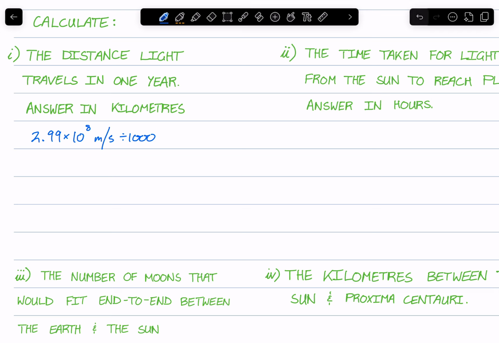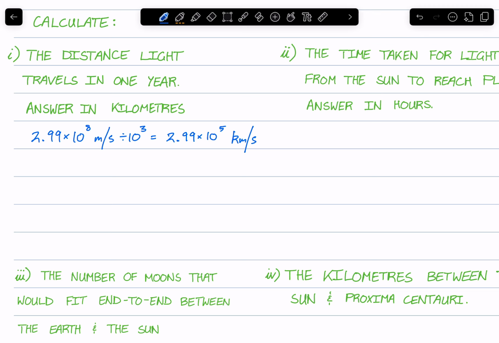But to make this calculation easier, rather than write 1,000 as 3 zeros, it'll be divide by 10 to the power of 3. We do this because now we can very easily use index laws to simply subtract 8 by 3. So this will become 2.99 times 10 to the power of 5 kilometers per second.